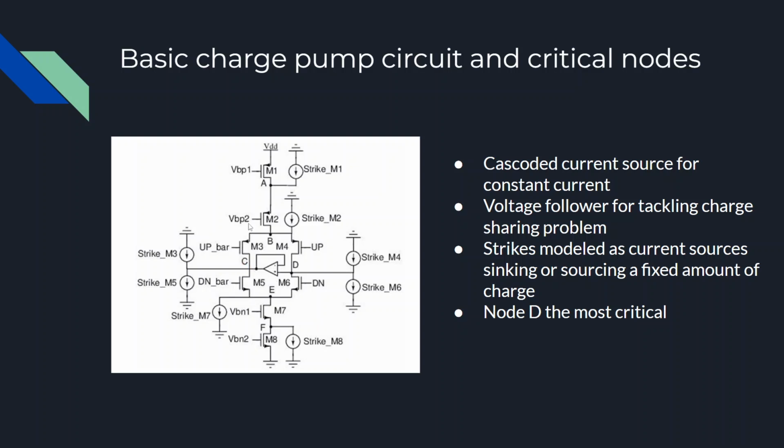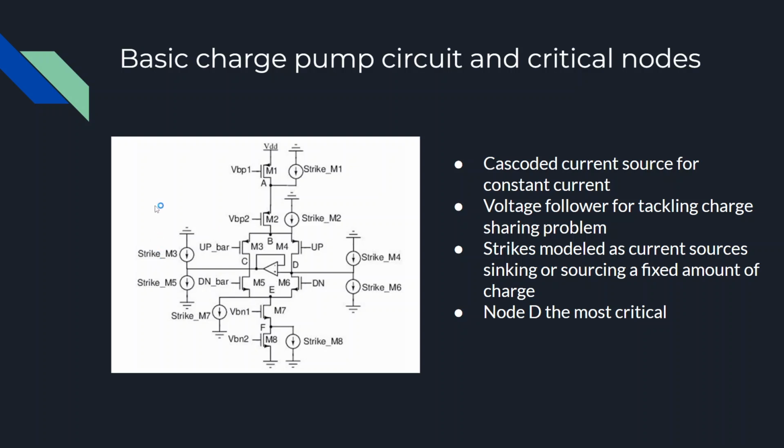Therefore, we have this other part which gets closed when the up and down switches are open, and the op-amp connected in the voltage follower configuration makes sure that the voltages at node B and E, even in this idle state, are at V control.